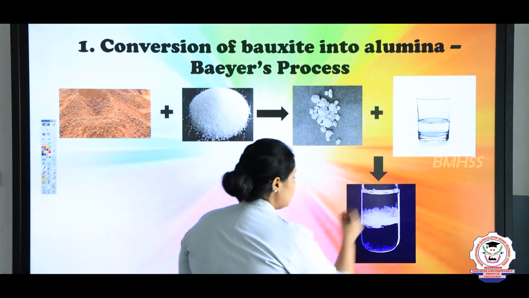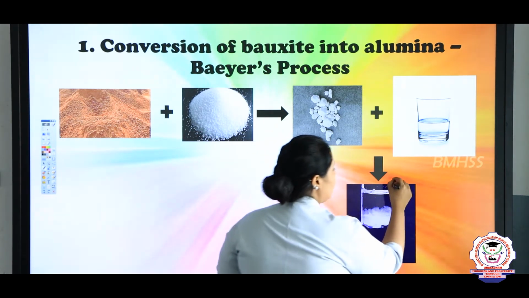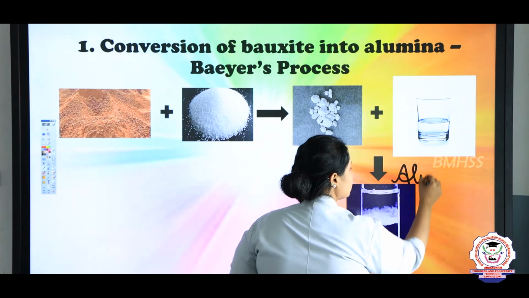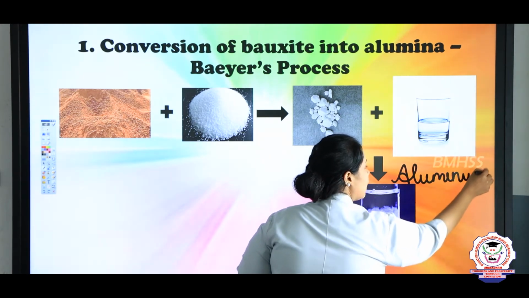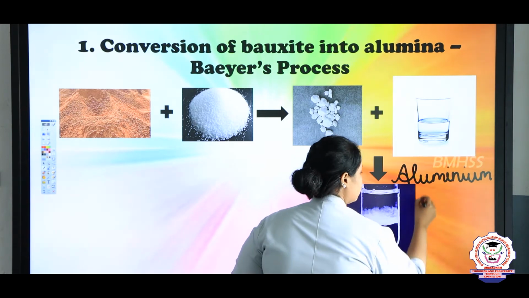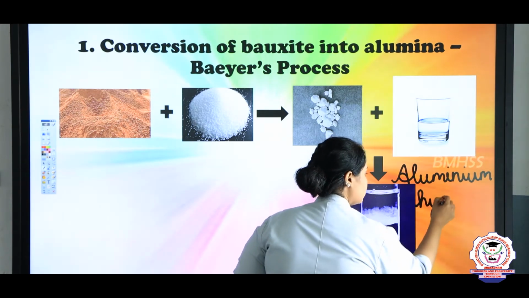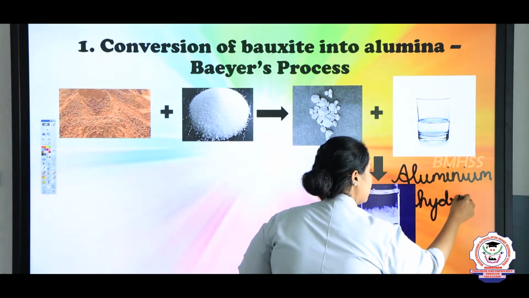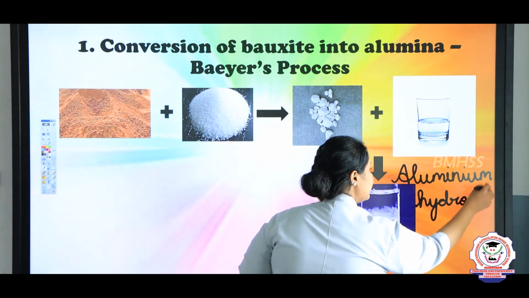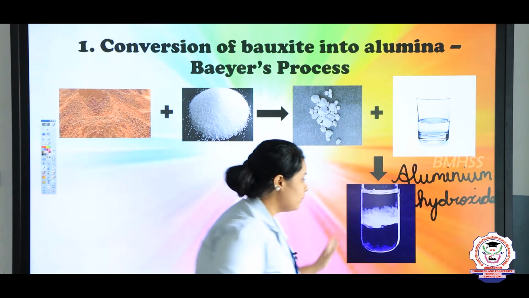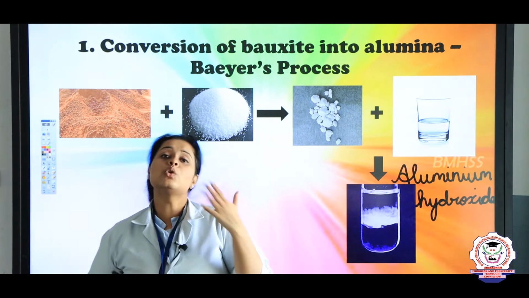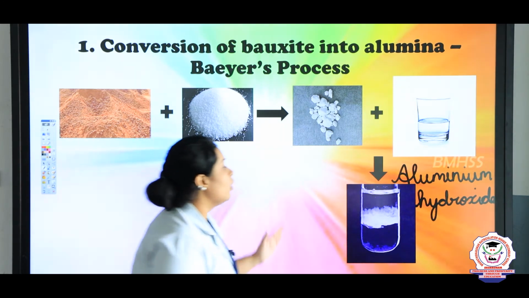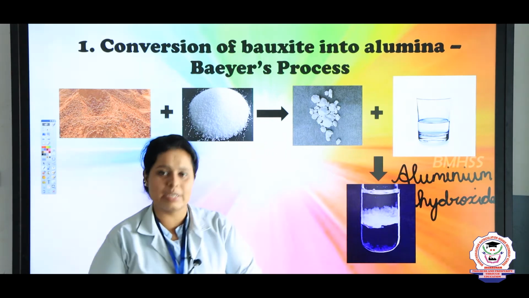So you can write this is aluminium hydroxide. And one liquid will be formed, which is sodium nitrate liquid. Or the liquid is not required.